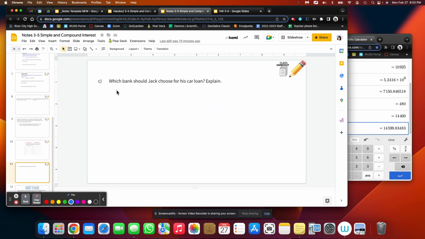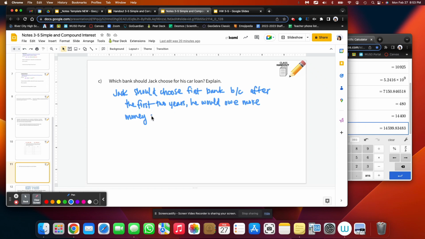So Jack should choose First Bank because after the first year, I think it's the first 2 years, he would owe more money with compound interest.